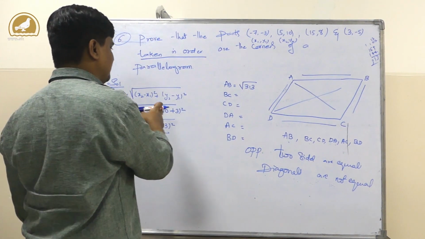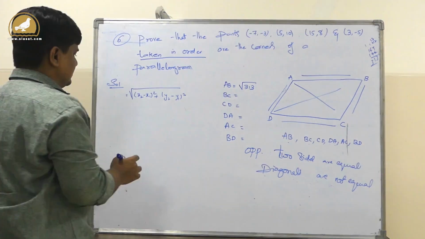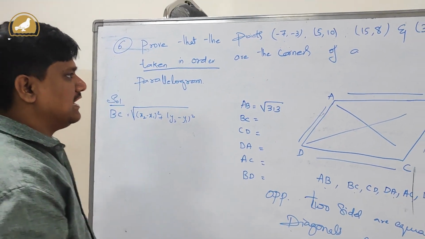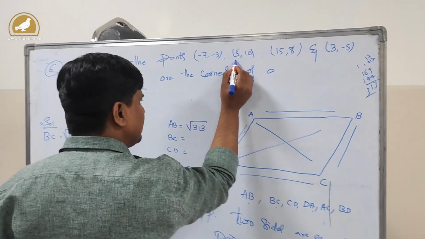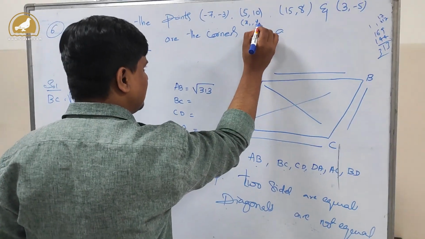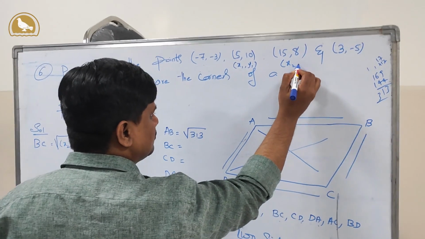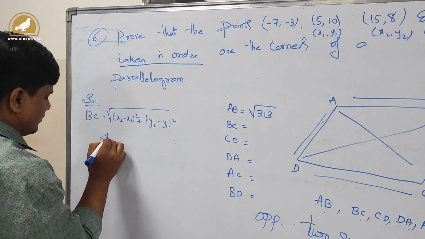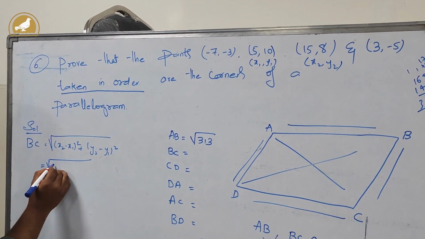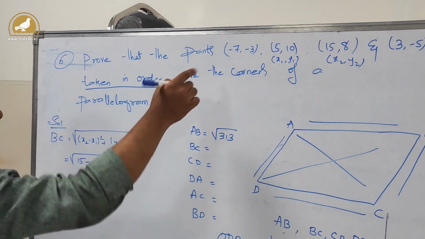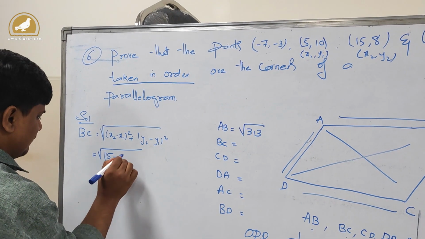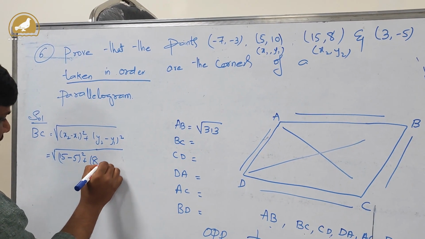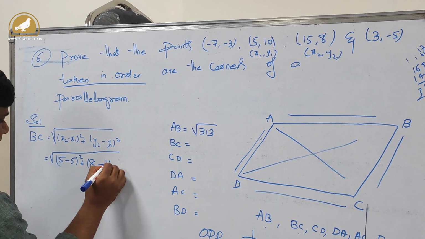Now in a similar fashion we will calculate the value of BC. Now we will calculate the distance between B and C. When we are calculating the distance between B and C, B will become x1, y1, C will become x2, y2. The value of x2 is 15 minus the value of x1, 5. The value of y2 is 8, the value of y1 is 10.